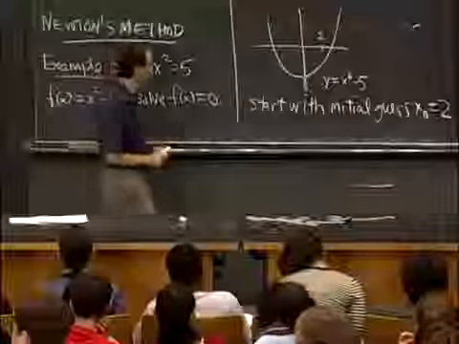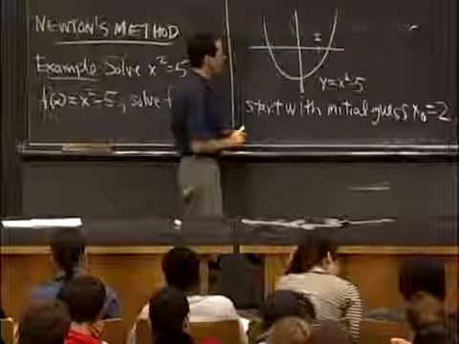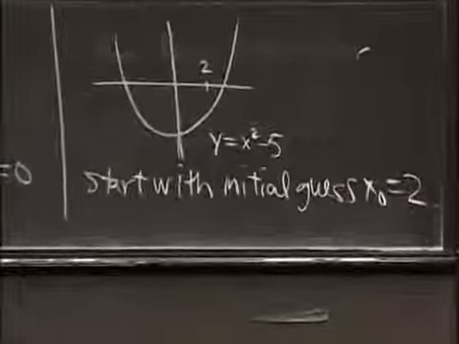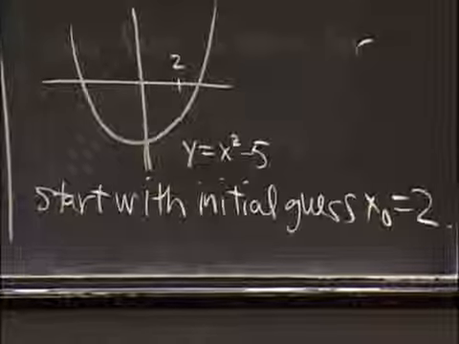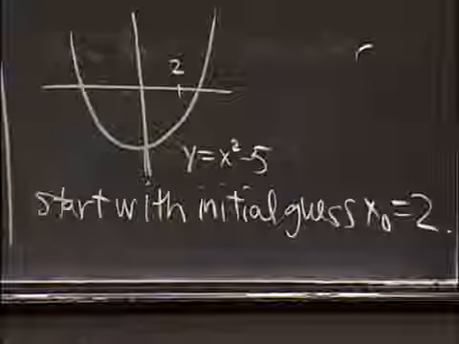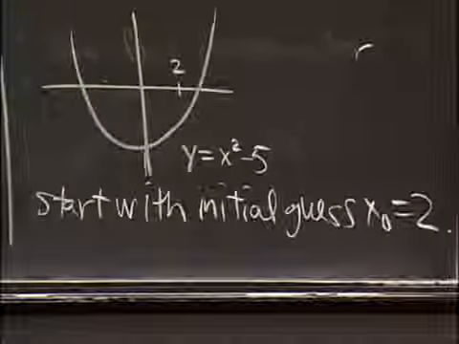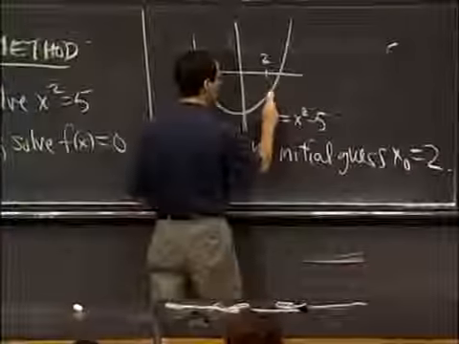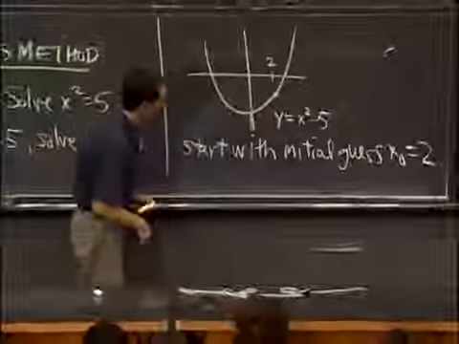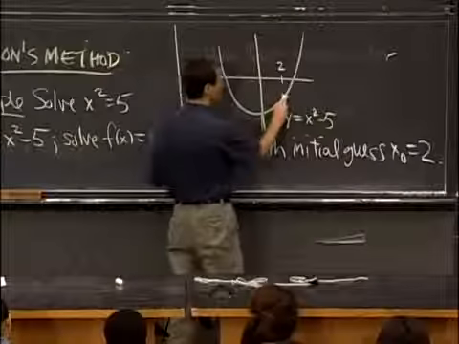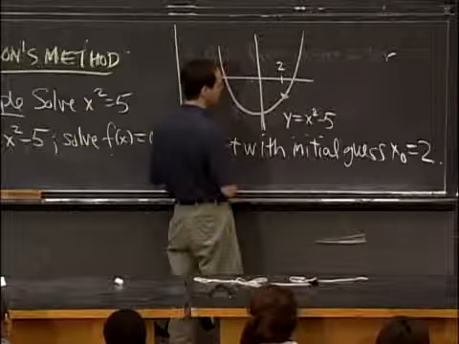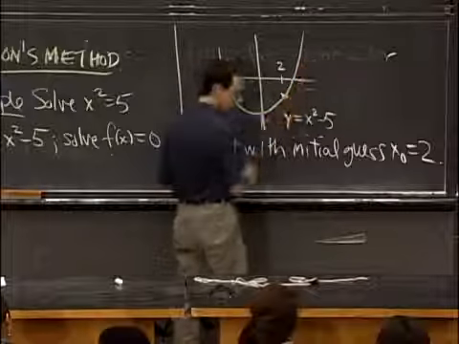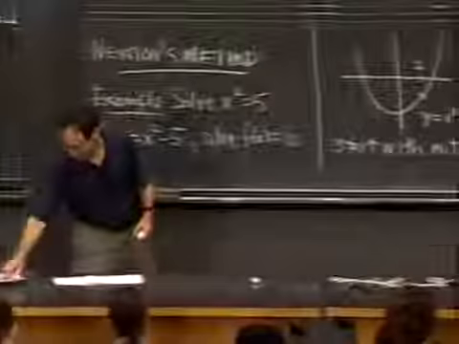And now, what we're going to do is we're going to pretend that the function is linear. That's all we're going to do. And then, if the function were linear, we're going to try to find where the 0 is. So if the function is linear, what we'll use is we'll plot the point where 2 is, that is the point (2, f of 2). And then we're going to draw the tangent line here.